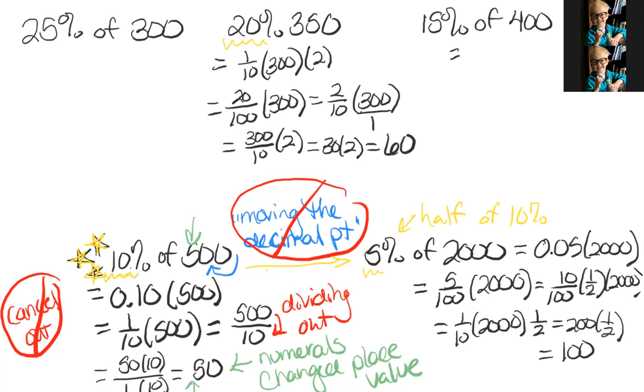15% is the same thing as 10% plus 5% times 400. So that's the same as 1/10 plus 5/100ths. And now what's this property, right?